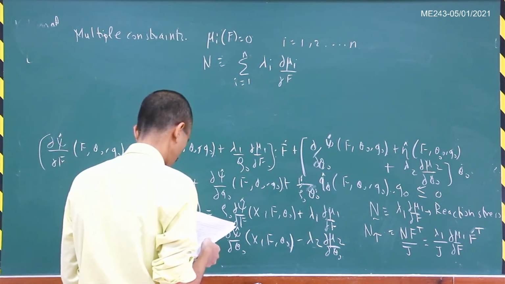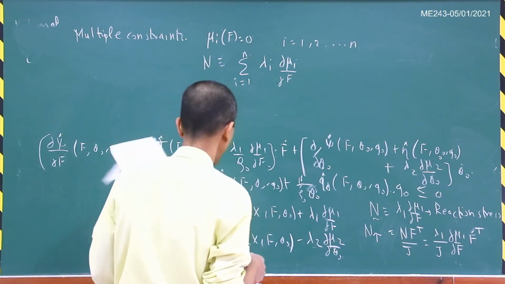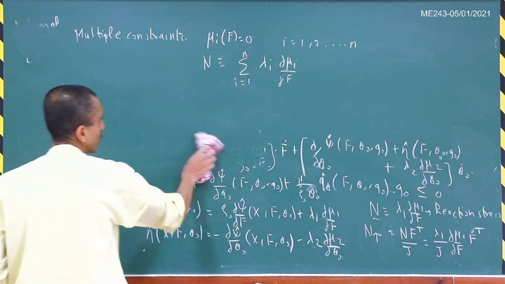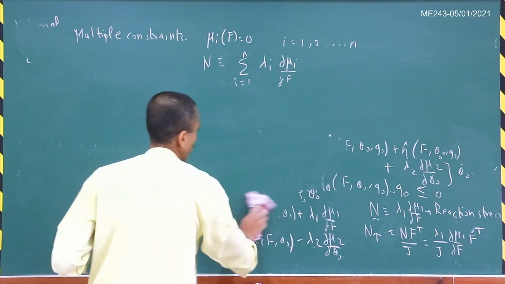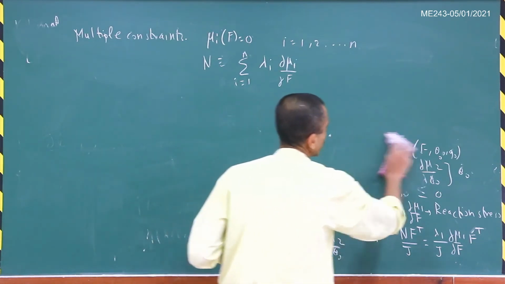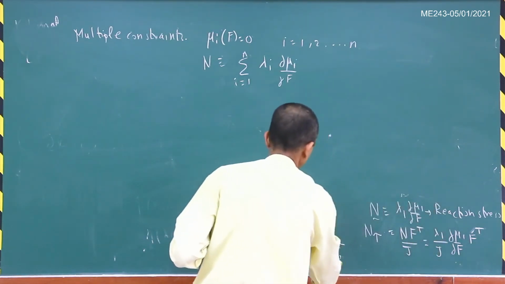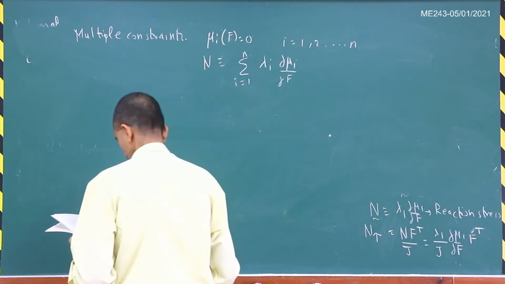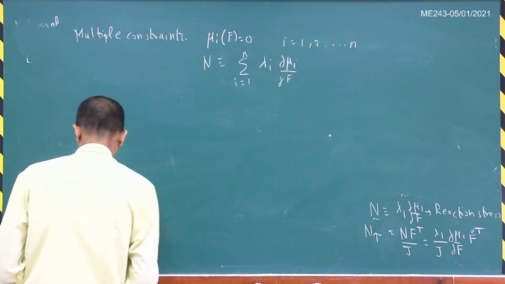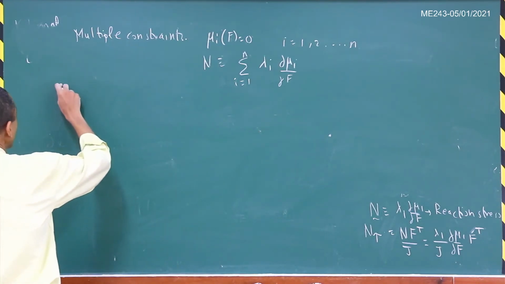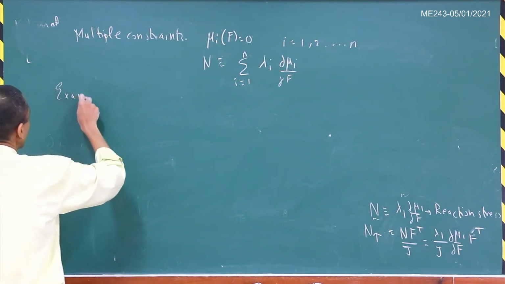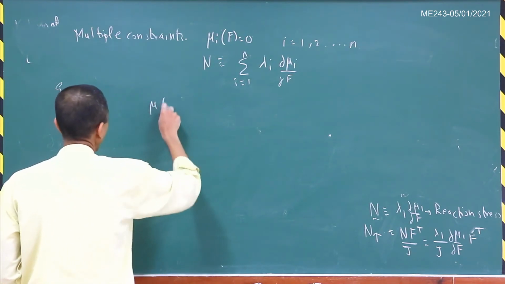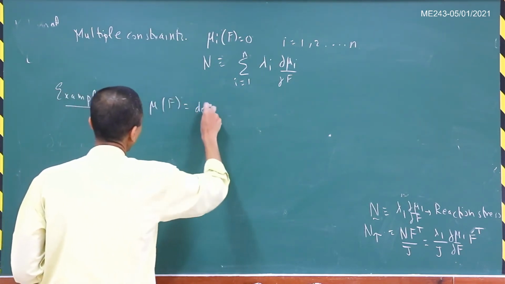So let us take an example now to illustrate this whole reaction stress. If we take the constraint of incompressibility, so this is the example, you have mu of F is equal to determinant of F minus 1.